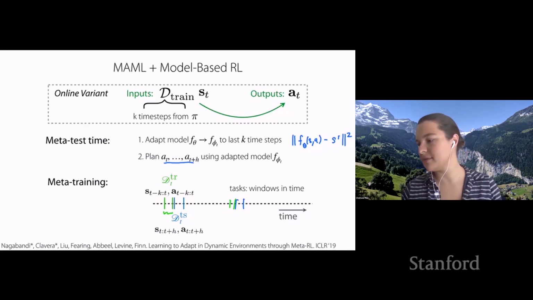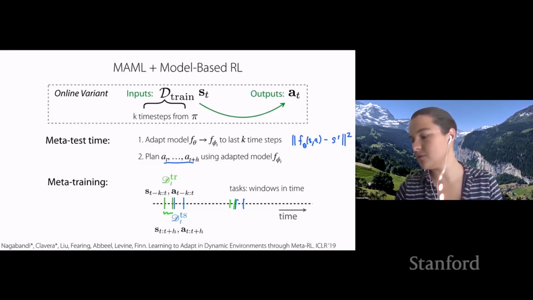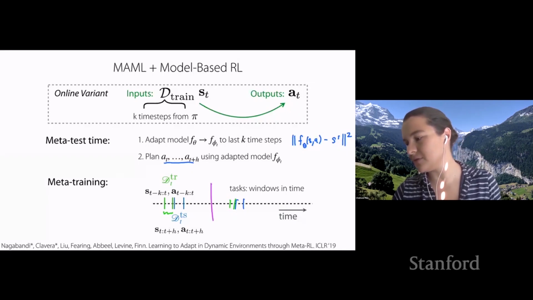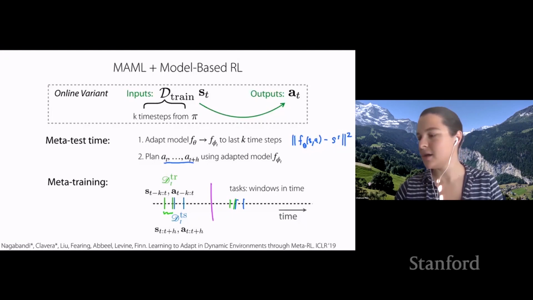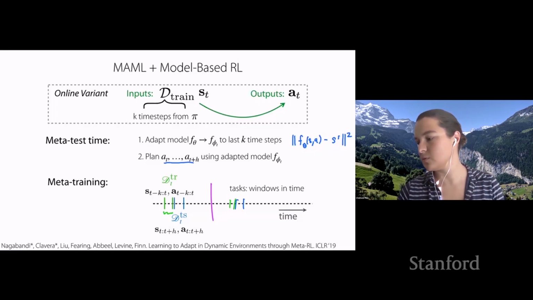This assumes that the dynamics only change sparsely in time, but it's still reasonable if, for example, the dynamics change here. You're only going to have a few tasks that are sampled with the task changing in the middle of it, and most of the windows will be at different points in time where you have a consistent task.